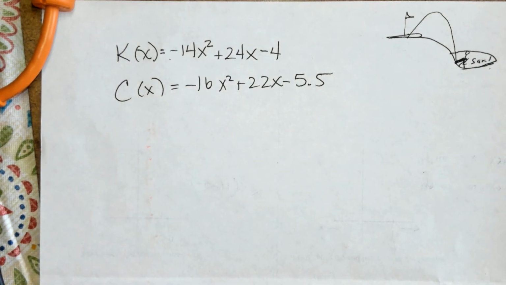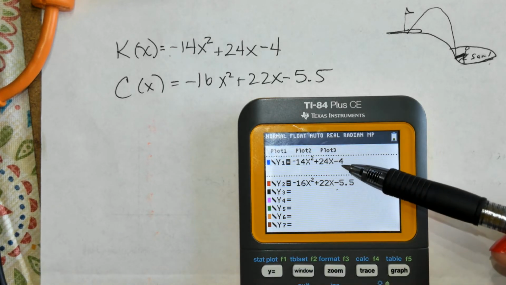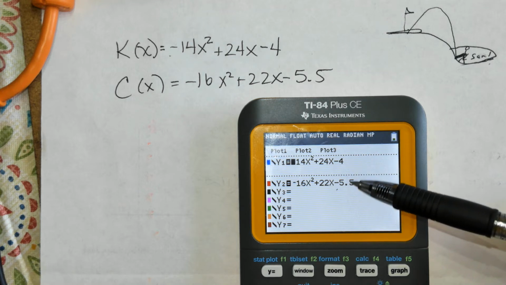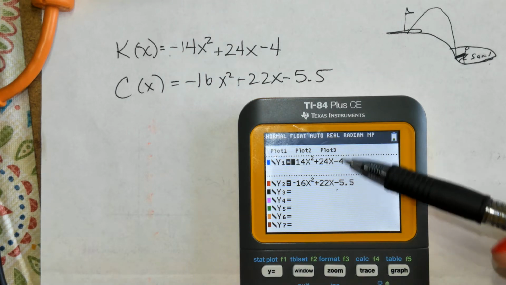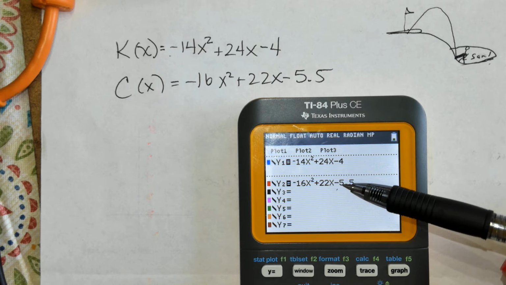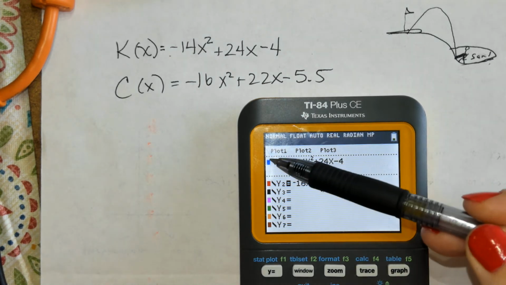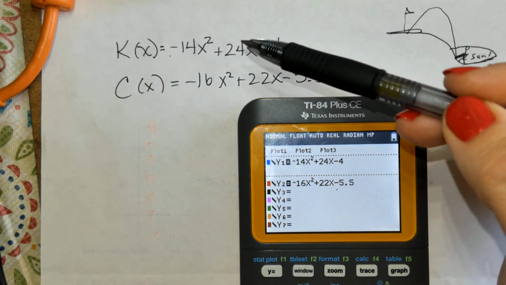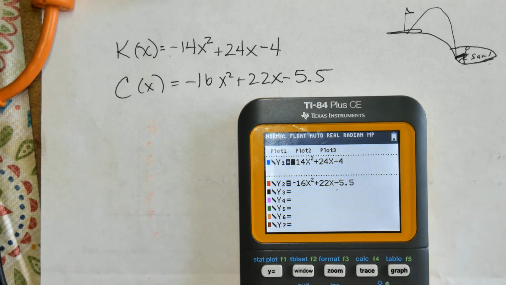Part A says, whose ball went higher? So I input both Kylie and Cassandra's equations that model the pathway of the ball. For mine, it's easier because I can see blue is the first one. So blue is Kylie and red is Cassandra.